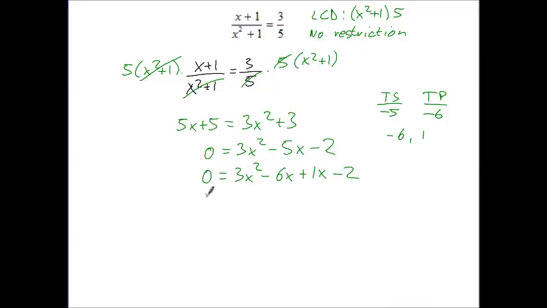And let's now factor them in groups. 0 is equal to 3x times x minus 2 plus 1 times x minus 2. And fully factored, this is what this looks like. 3x plus 1 times x minus 2.